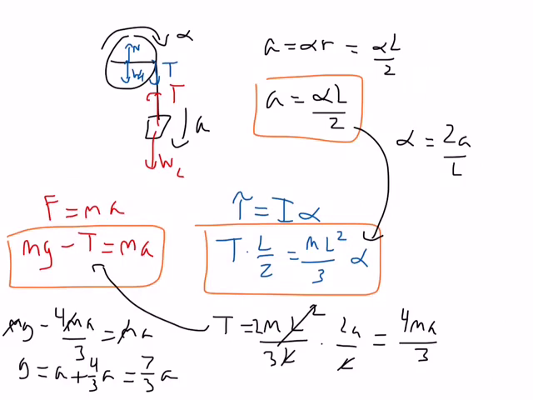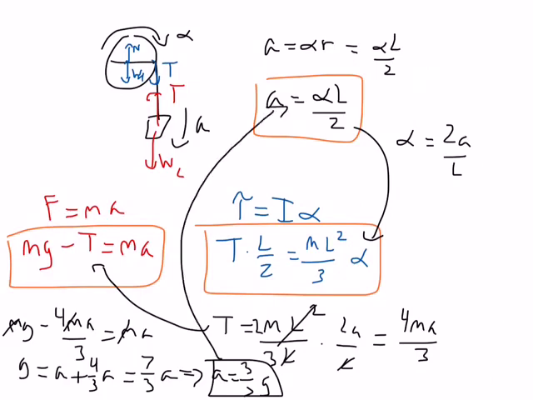I'm running out of space, but I'll try to do it here at the bottom. Or a equals 3/7 g. Okay, and so that gets us the answer to part E, the linear acceleration of the cat. You notice I'm not doing these in the same order, but it doesn't really matter. So now that we know the linear acceleration of the cat, I'm going to move to another page to do this calculation, but I'm just going to plug that right in there to get alpha.